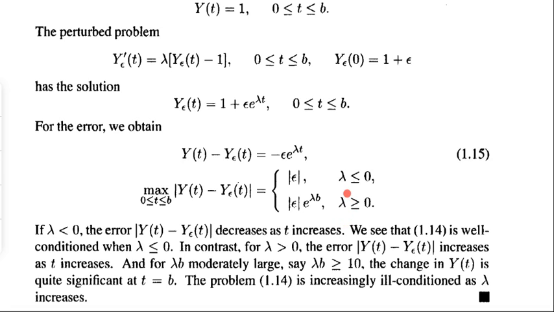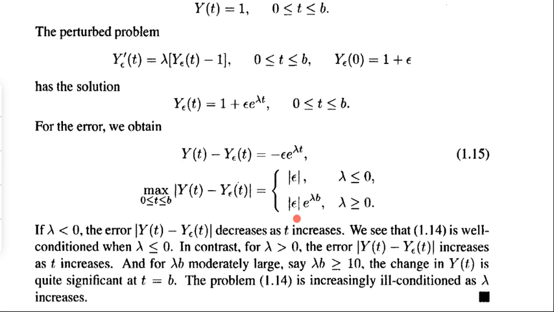In the case lambda is less than 0, the upper bound for the absolute value of this difference will be the absolute value of epsilon. In the case lambda is greater than 0, then this maximum will be the absolute value of epsilon times e to the lambda b.